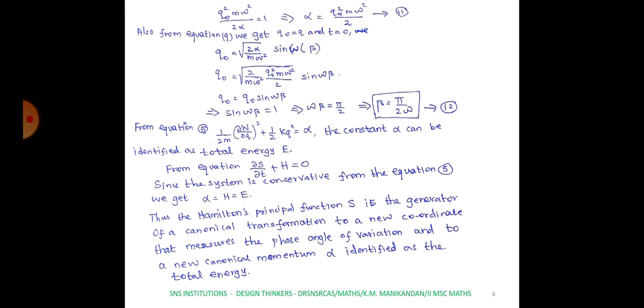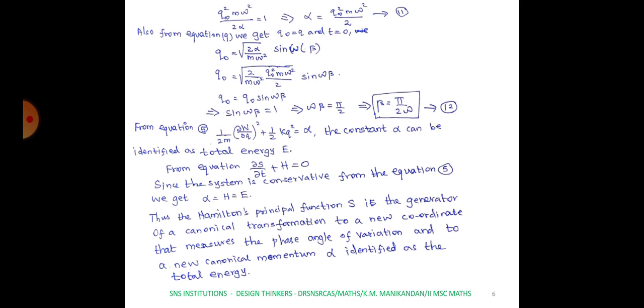Since it is equivalent to H, it is canonical momentum. So here we have obtained from the equation alpha equal to H equal to E. And also for another new coordinate Q, with the help of that Q we can find the phase angle beta. That beta is calculated by pi by 2 omega, and it is given in the equation 12.